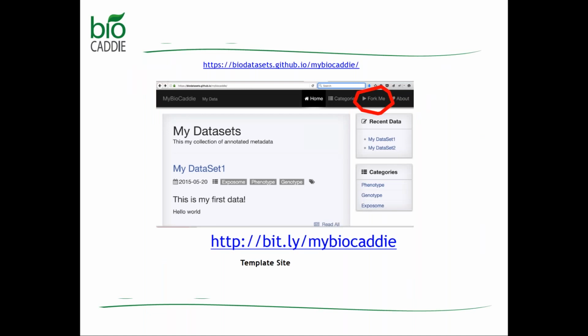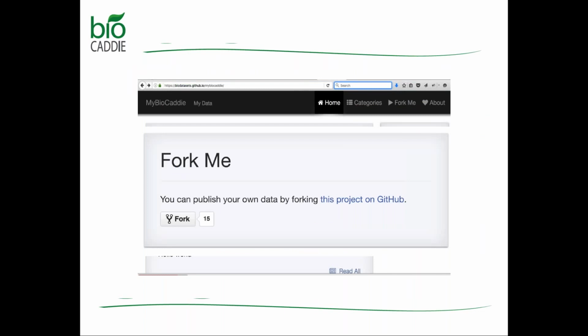So it's a project where, again, he uses the capabilities of GitHub in order to have authors put their metadata in there. And this is ongoing, but we've seen some demonstrations of it already.